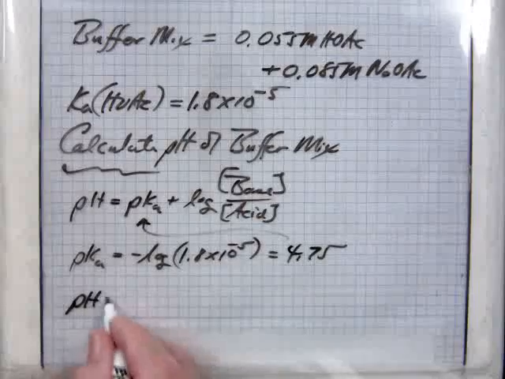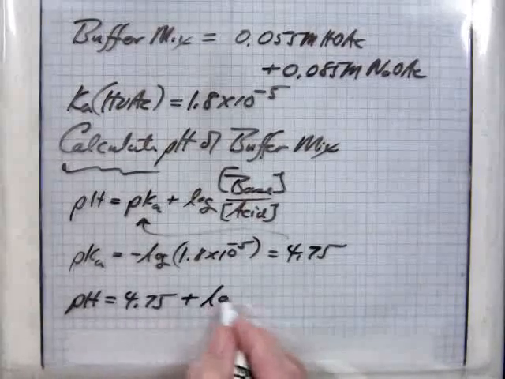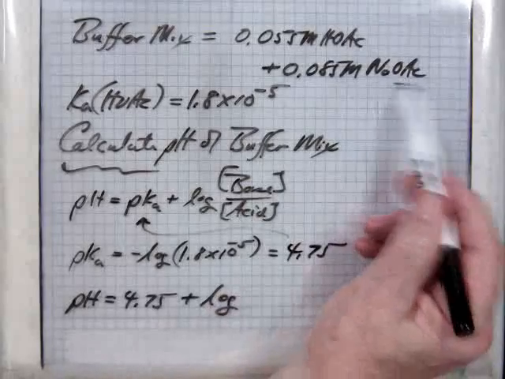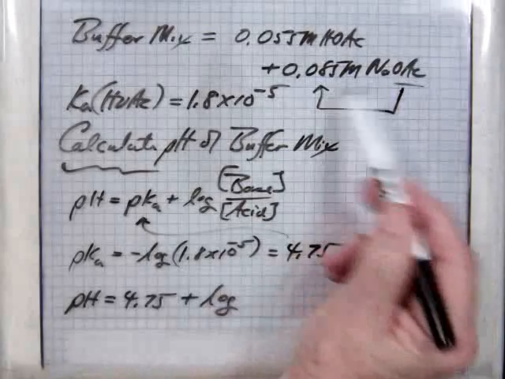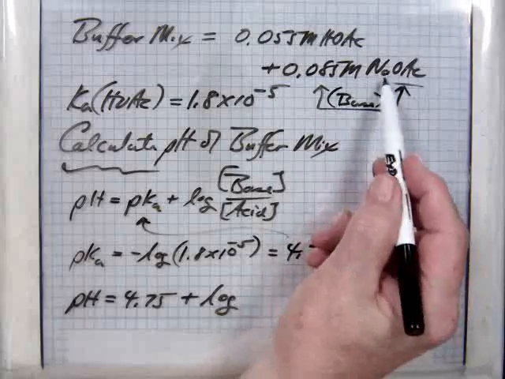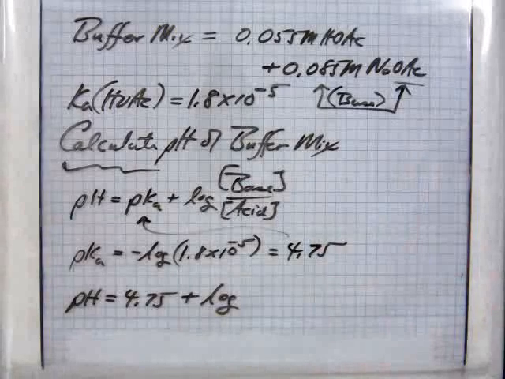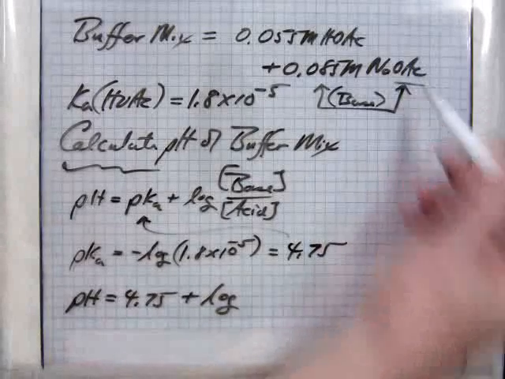So pH is equal to 4.75 plus log. Well, the base concentration would be this, because you're just going to ionize to deliver the OAC as a conjugate base in the system right here.